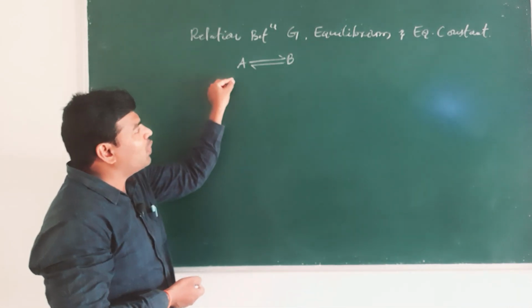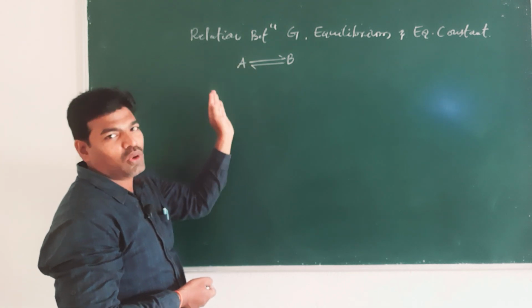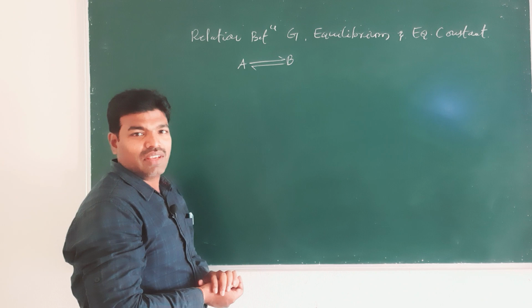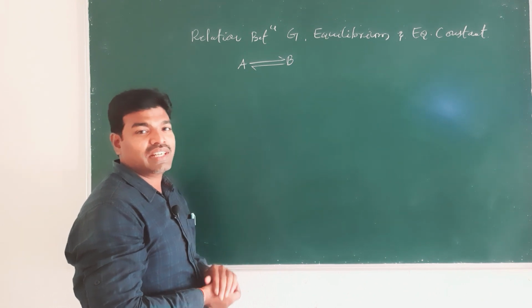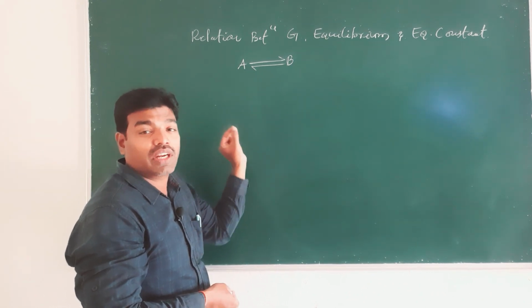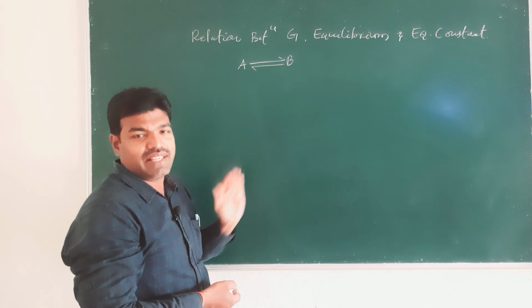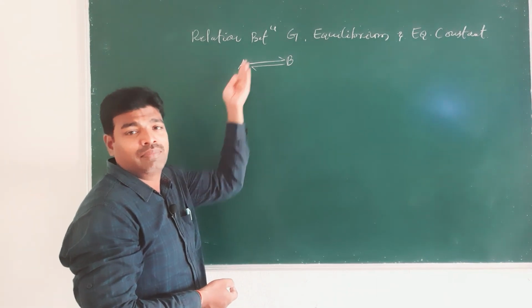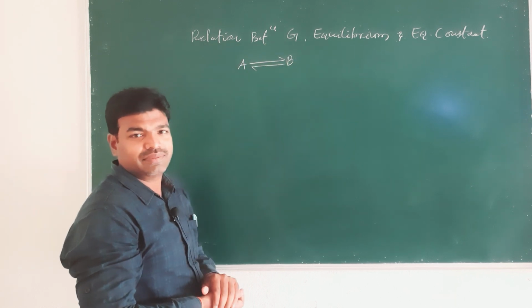So with the progress of the reaction, that is, A is becoming B, Gibbs energy decreases whether we start from reactant or from product.